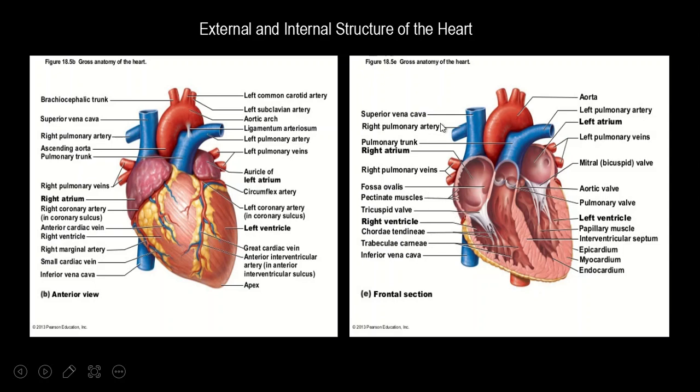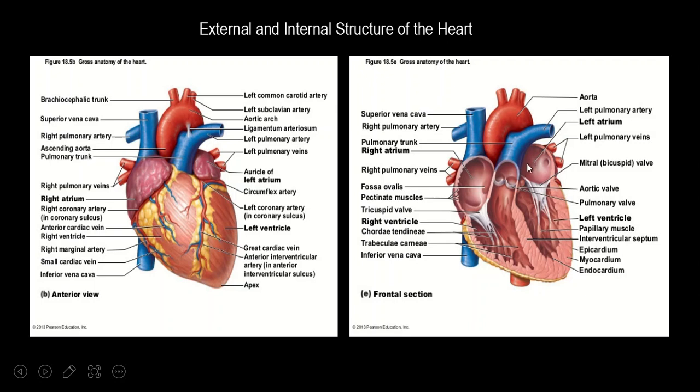This is the internal structures of the heart. This is the inferior vena cava. This is the superior vena cava. This is the right atrium. This is the right ventricle, and between the right atrium and the right ventricle is a valve called the tricuspid valve. This is the tricuspid valve, and this is the pulmonary artery, left pulmonary artery, the right pulmonary artery, and between we have the pulmonary valve, and this is the left ventricle.